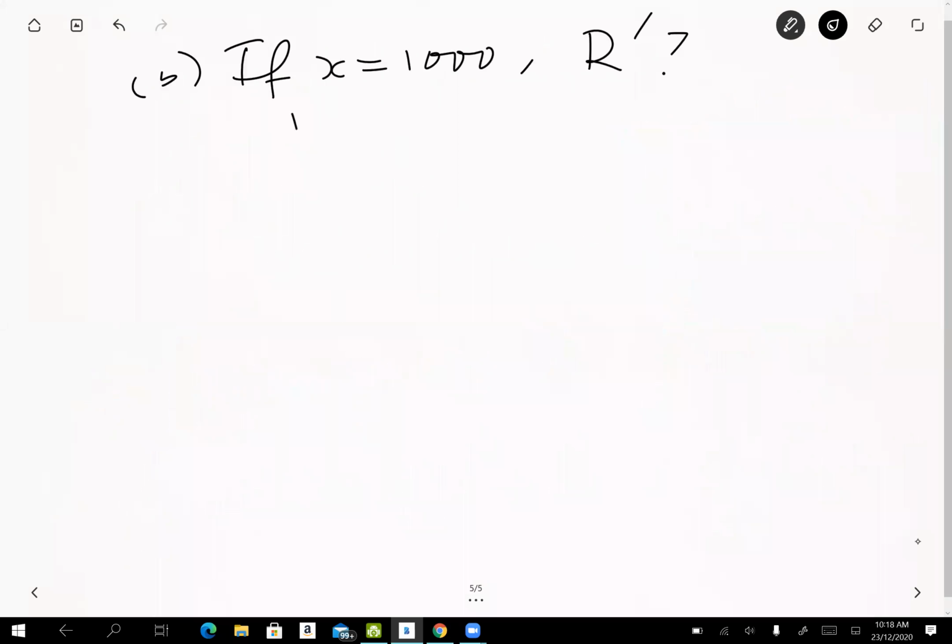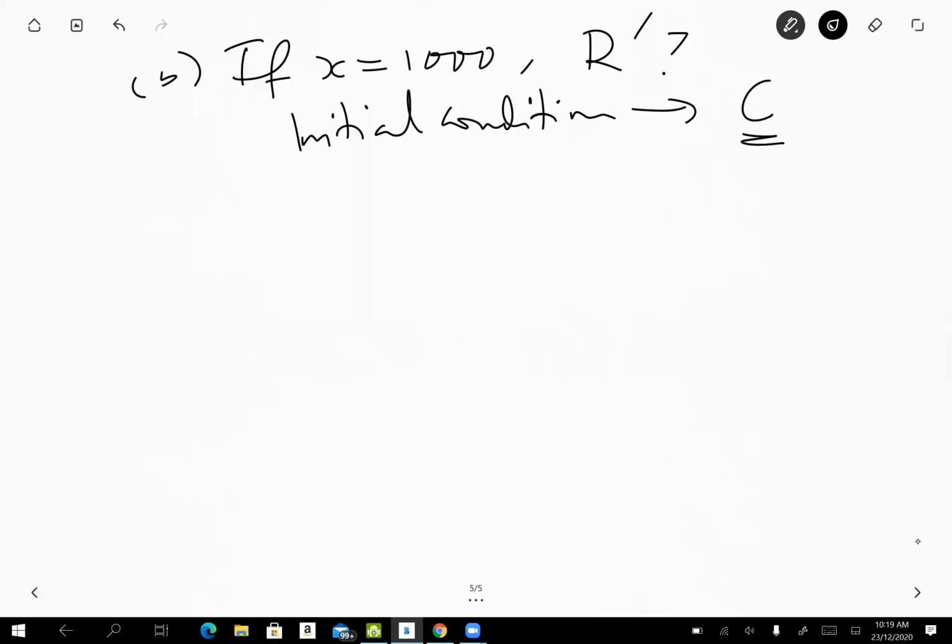That's where you need the initial condition, in order to find that c. Otherwise, if you don't use the initial condition, your revenue will not be a specific value. You want a specific value of c, so you need to apply the initial condition.